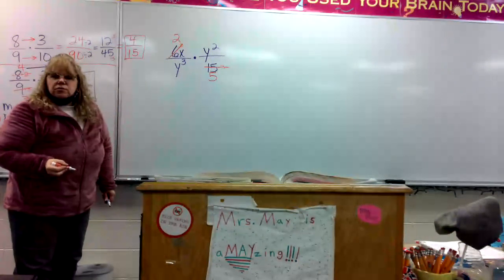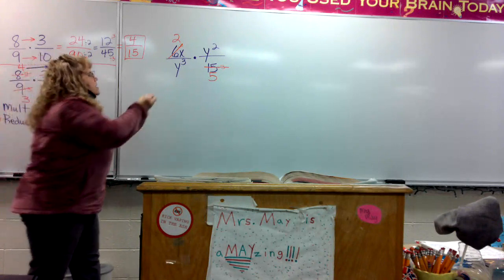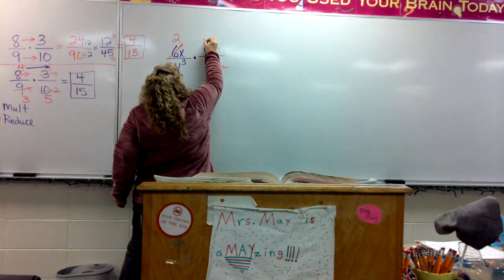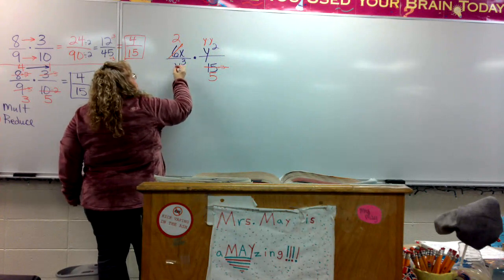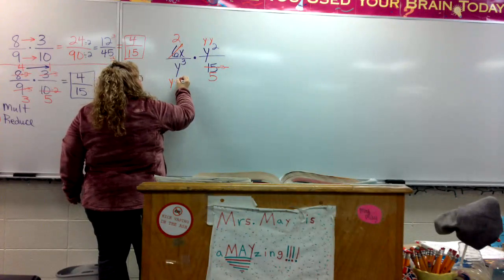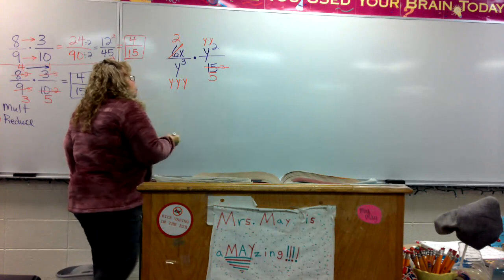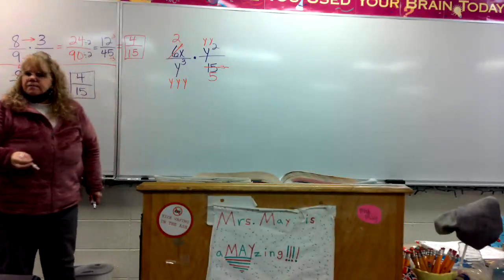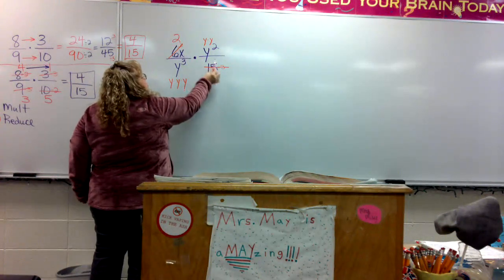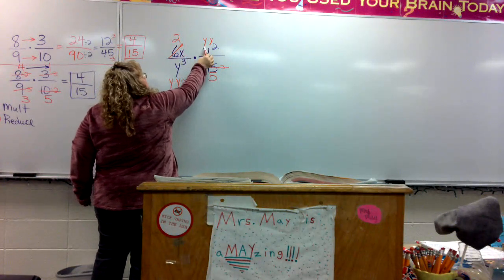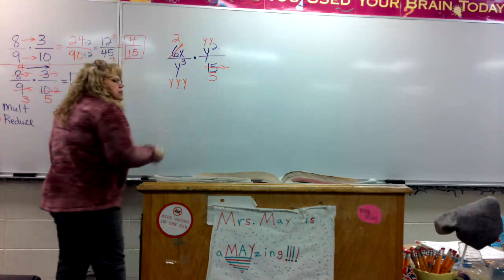What else can we do? Well, you see this y squared here? It's a y times a y. And you see this y to the third? Y times y times y. So do you see how we took out a factor of 3 right here? What can we do to the y's?